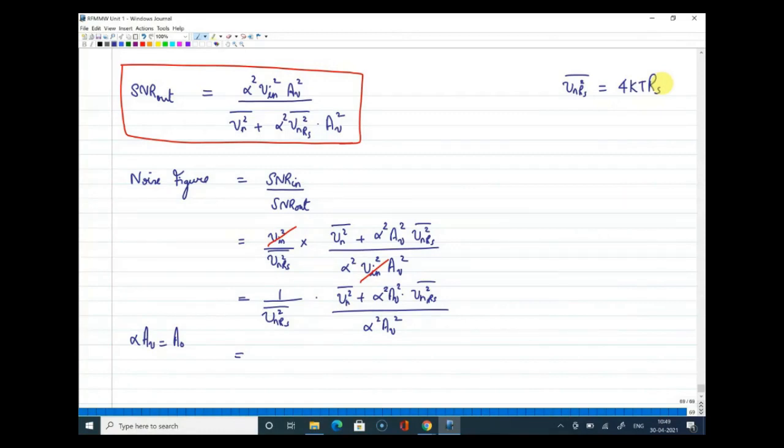So this can be further written as 1 by 4 kT Rs, taking the common term Vn Rs square, because even in the numerator you can see that.